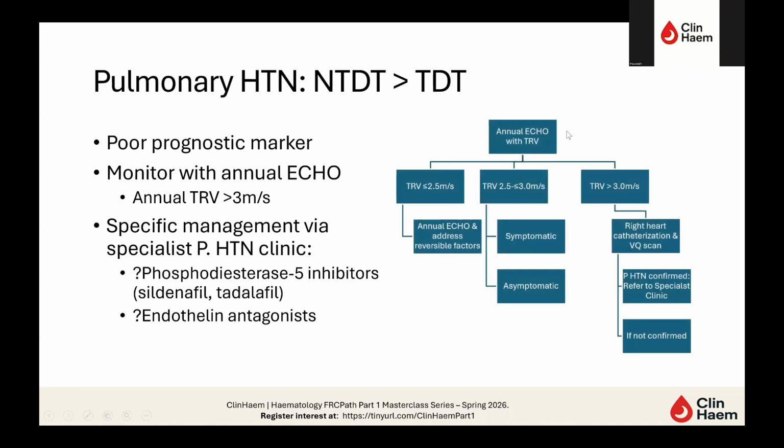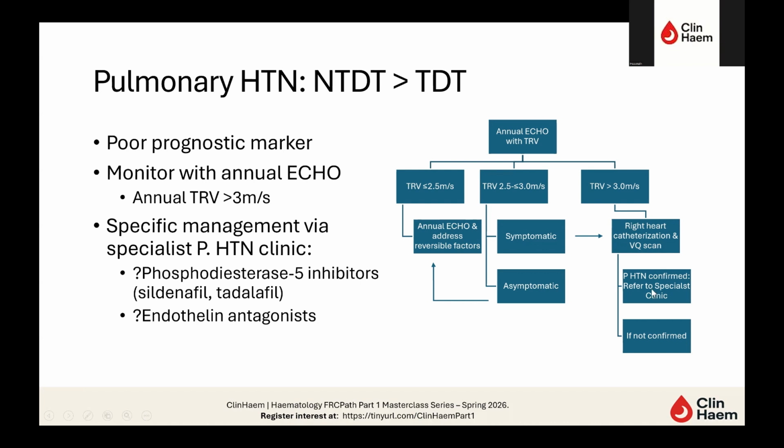And this is what you do. So if the TRV is less than 2.5, you just continue with annual echoes and address any reversible factors that you can. And if it's between 2.5 to 3-ish, if the person is asymptomatic, you just continue with the monitoring. If they're symptomatic, you refer them for further tests.